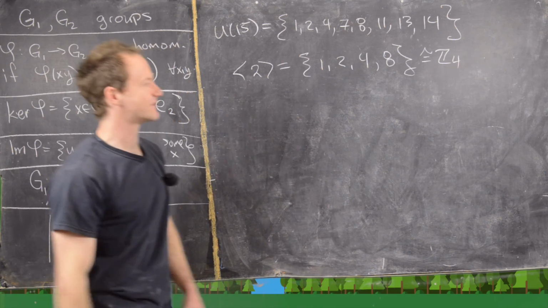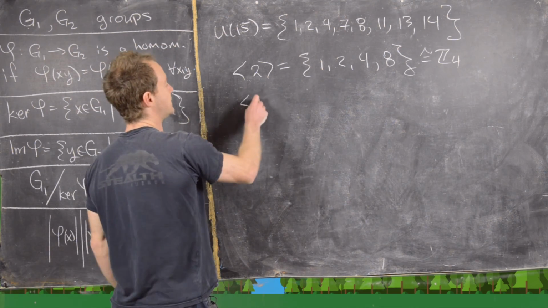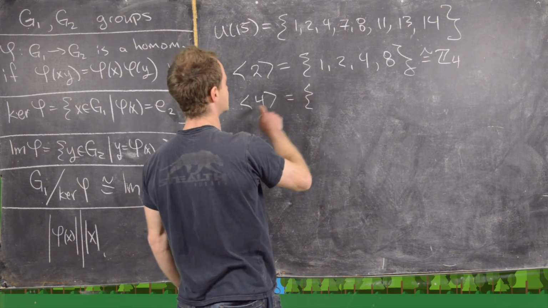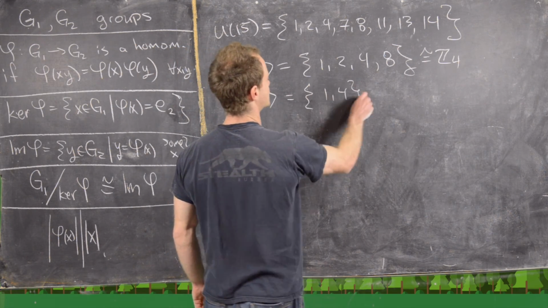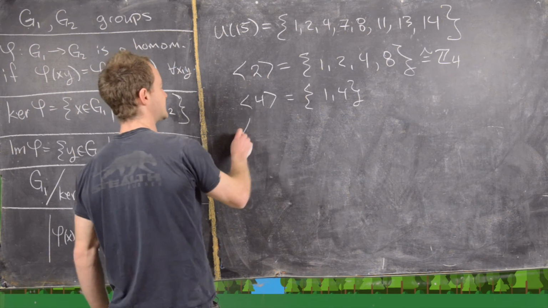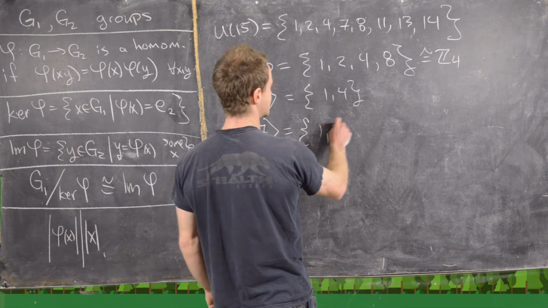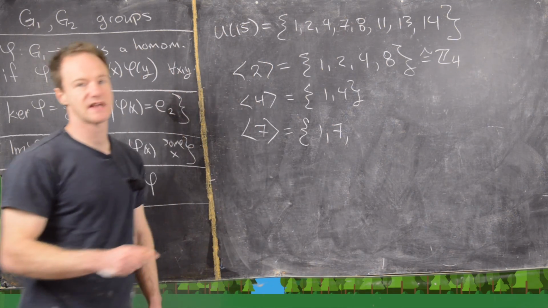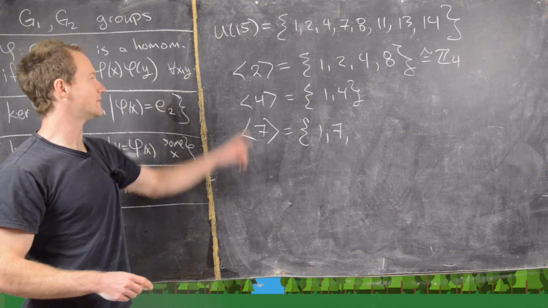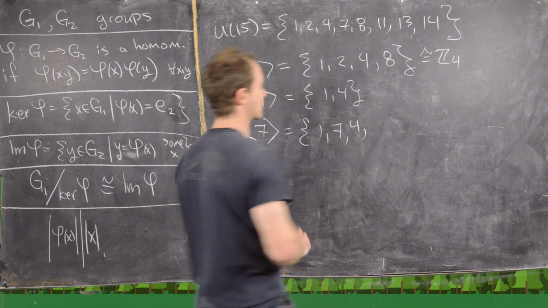So in other words, we have a subgroup of this that is isomorphic to Z4. Now, notice built into this, we see that the cyclic subgroup generated by 4 is just {1, 4}. Okay, good. Now let's look at the cyclic subgroup generated by 7. So here we get 1, 7, 7 times 7, which is 49, but 49 is 4 mod 15. So this is 4.